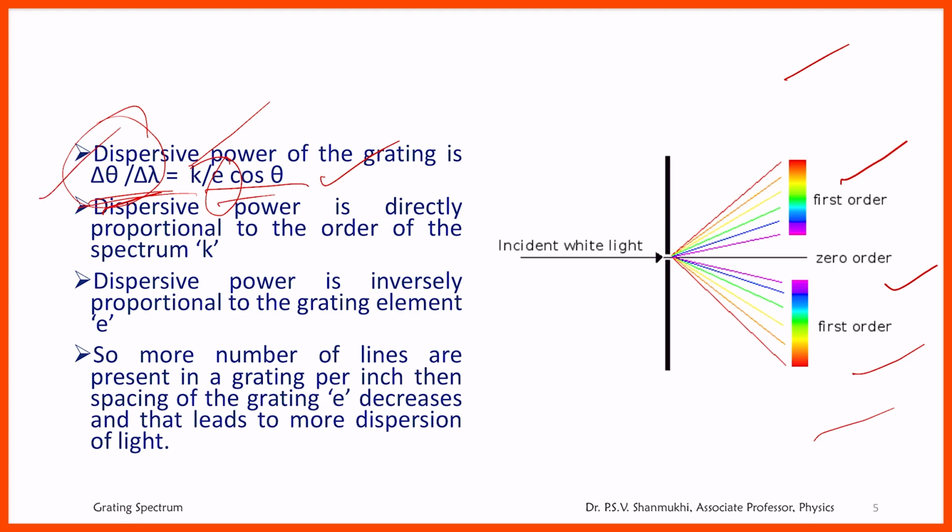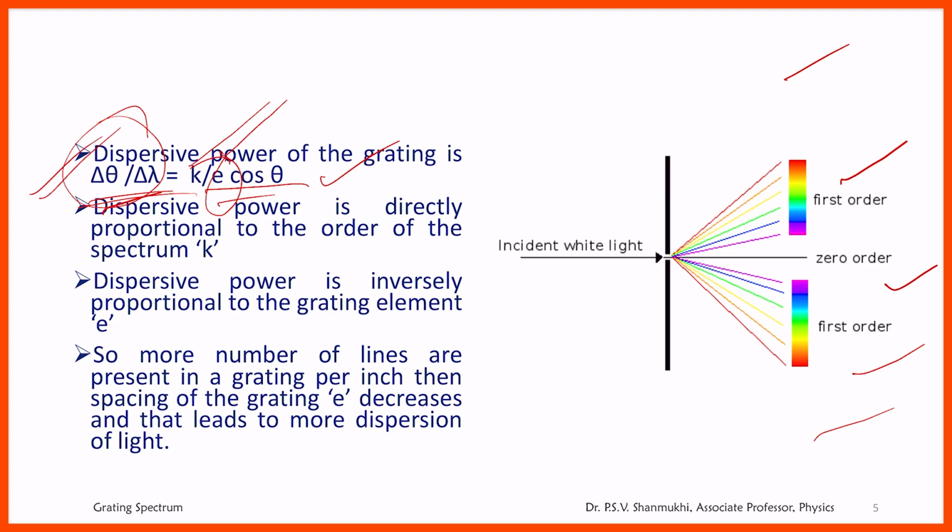So, our required feature is that e should be very small. That means the number of lines should be more. Even though the grating is costly, drawing more lines makes it a little bit costly, that is no problem. If e is decreasing, more lines are there, then the dispersive power increases.